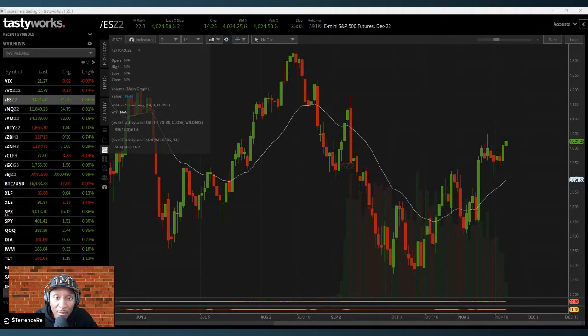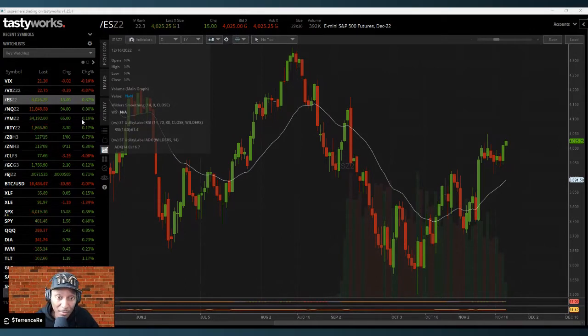So right now in the market, we got the VIX futures down about 1%. I'm right over here on my watch list. The VIX futures is down about 1%. We got the S&P 500 futures up about a quarter of a percent. Nasdaq futures up almost a whole percent.